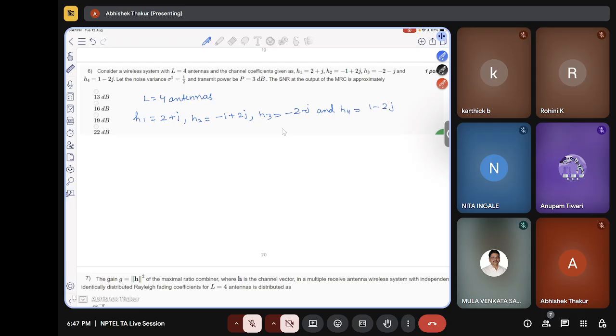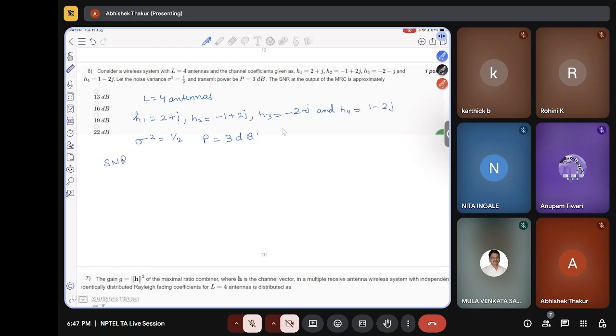Let the noise variance sigma squared be half, and transmit power P is equal to 3 dB. The SNR at the output of the MRC is approximately.